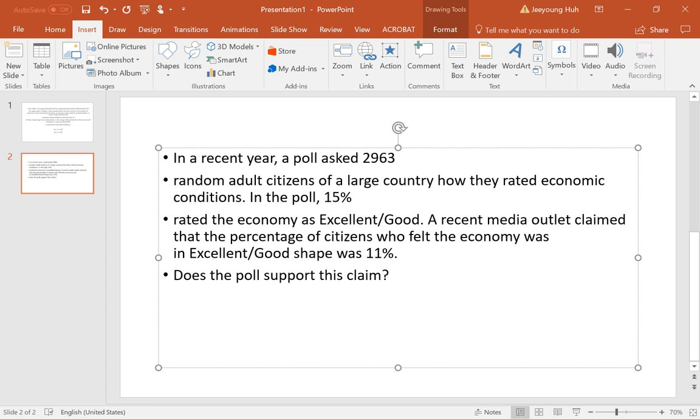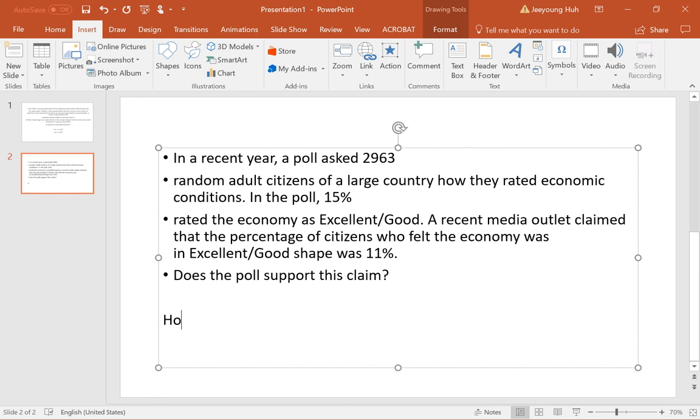So what are we trying to prove wrong or right? Are we trying to see if the poll's right, or are we trying to see if the media outlet is right? We're trying to see if the media outlet's claim is right or wrong. So that's what we base our numbers off of.